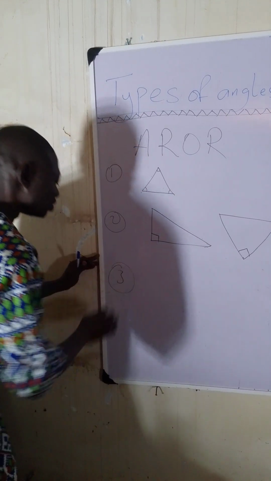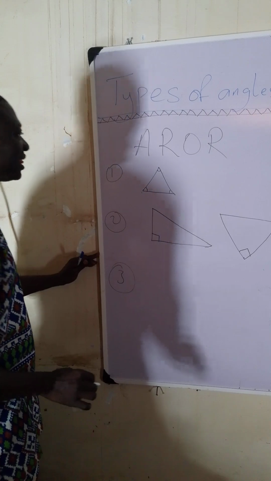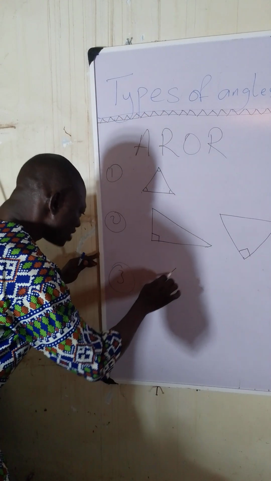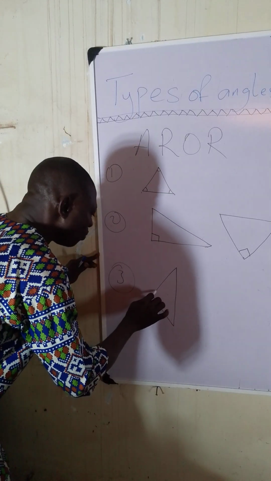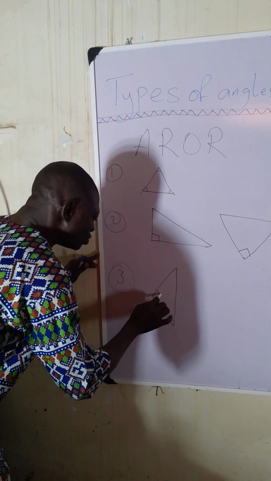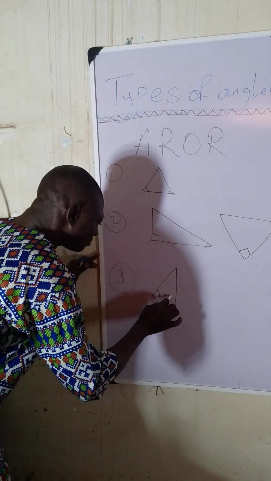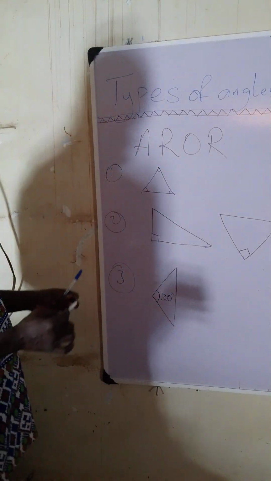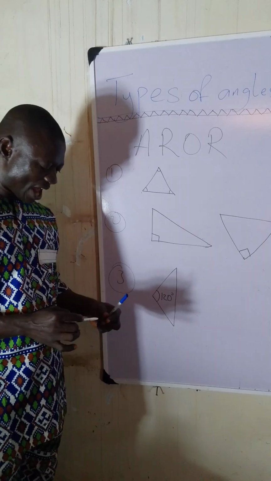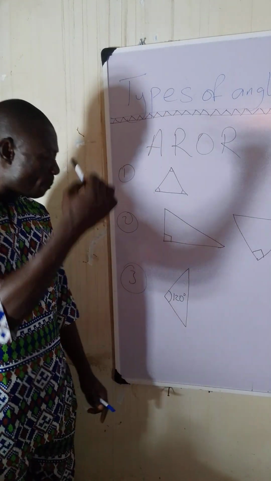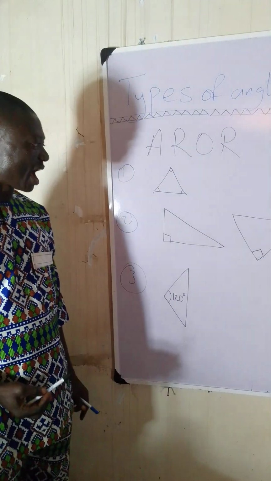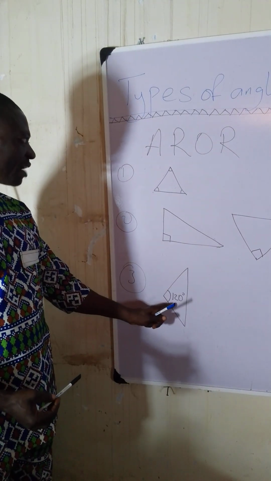Obtuse angle triangle, number 3. In an obtuse angle triangle, one of the angles is more than 90 degrees. As we have seen here, this one is 120 degrees. This is an example of obtuse angle triangle because it has an obtuse angle.